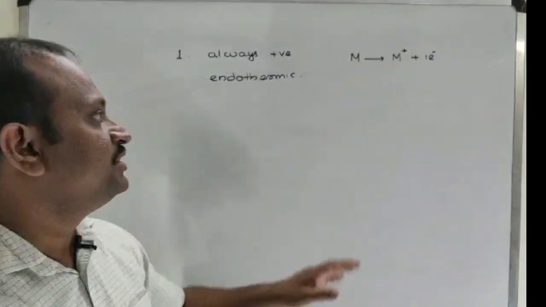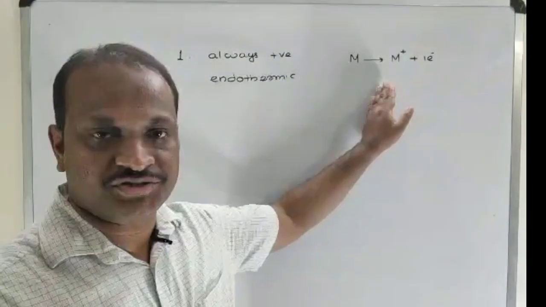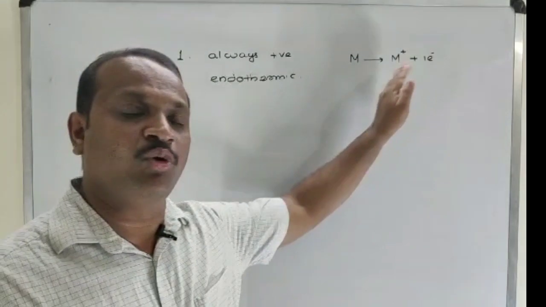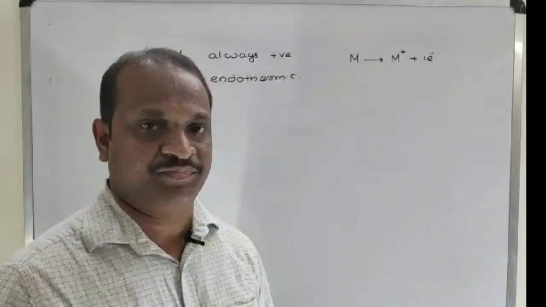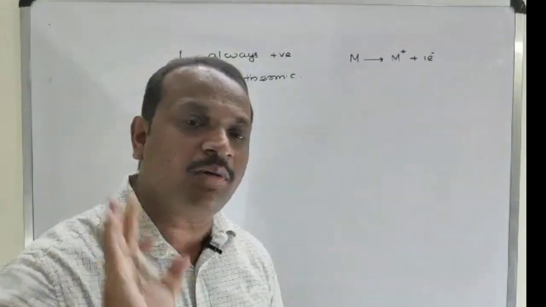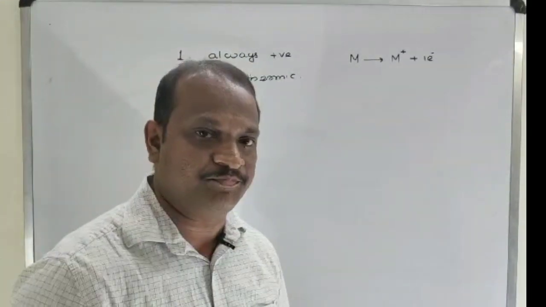Definitely we know that we are ionizing the species. Ionization means removing one electron, so this is an example of an endothermic process. So that's the first point we need to remember regarding ionization enthalpy.